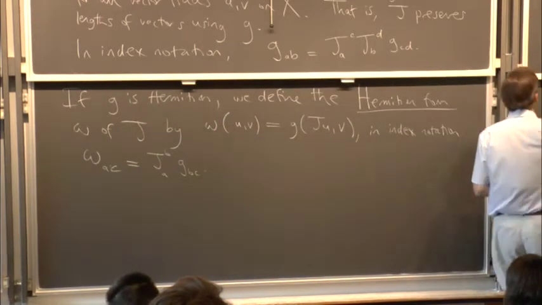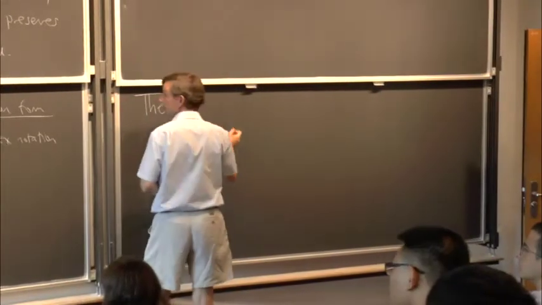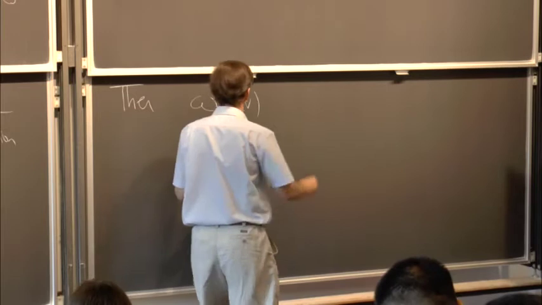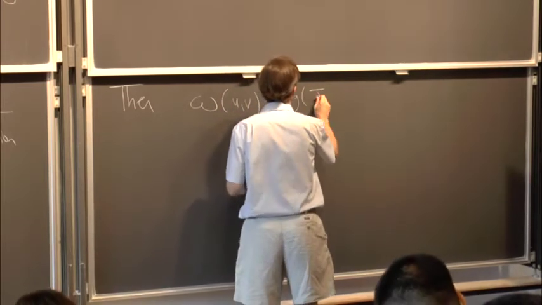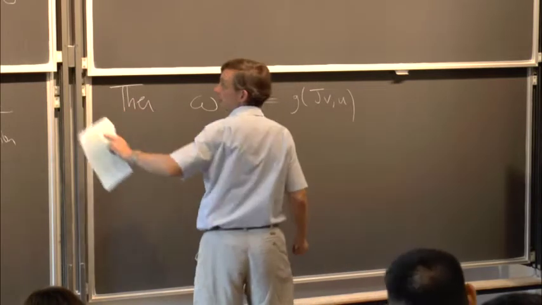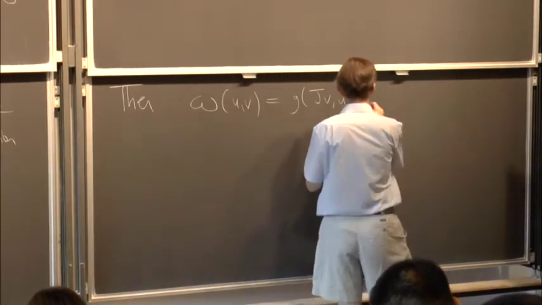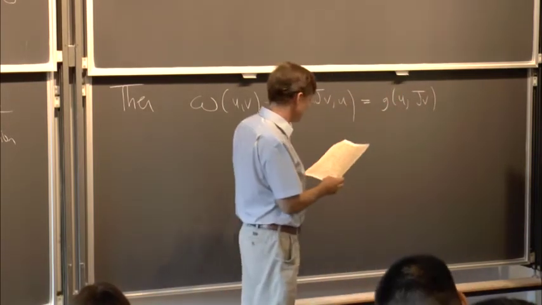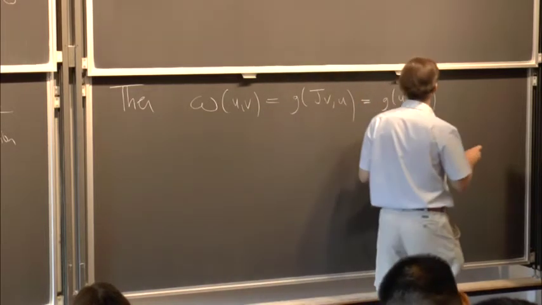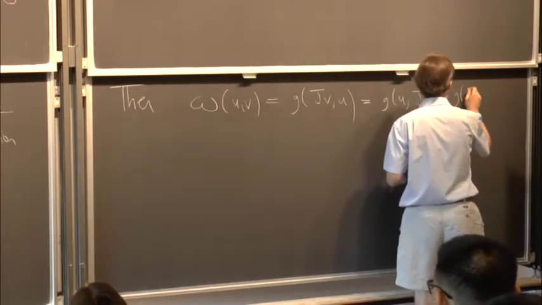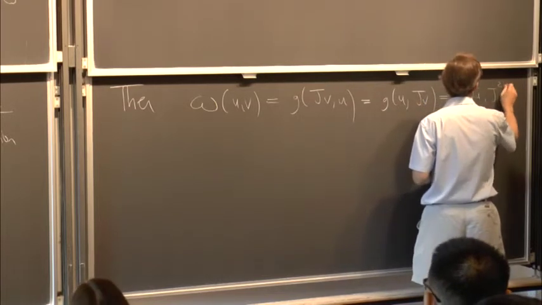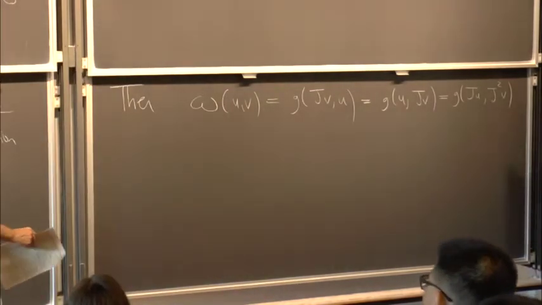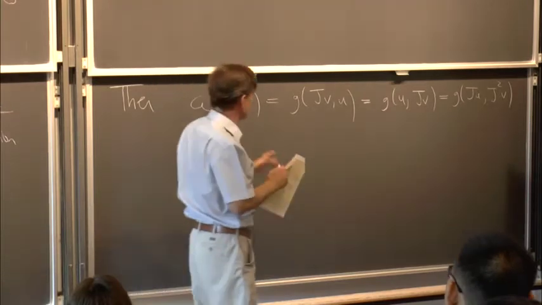Now let's look at vector fields u and v again. Omega(u, v) is g(Jv, u), just by definition, which is g(u, Jv), because g is a metric, so it's symmetric in its two indices. Now this is g(Ju, J squared v), because of the Hermitian condition: we can apply J to both sides and not change it.